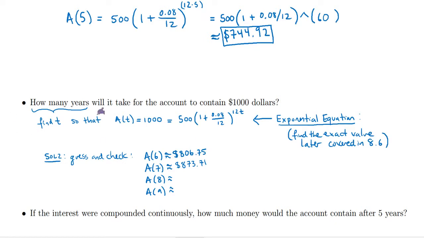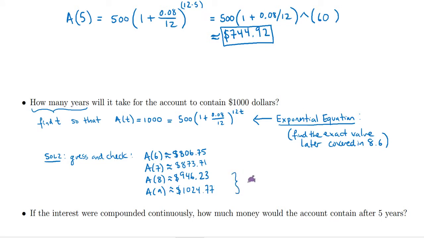After 8 years, looks like it is 946.23, and then after 9 years, it is 1,024.77. So how many years will it take for the account to contain $1,000? Well, it's between 8 and 9 years.